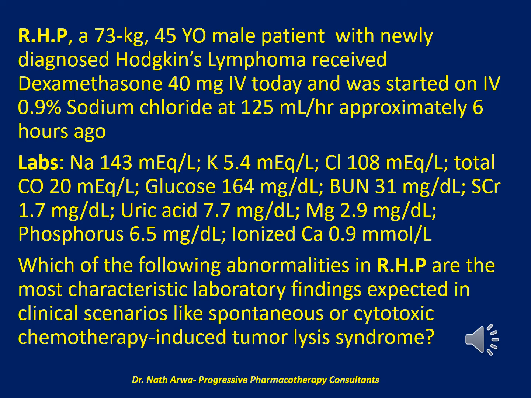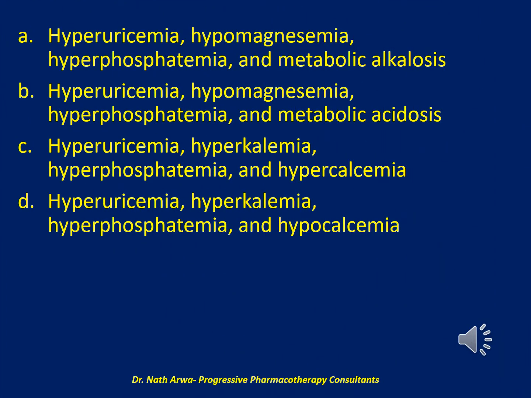So my question to you is, which of the following abnormalities in RHP are the most characteristic laboratory findings expected in clinical scenarios like spontaneous or cytotoxic chemotherapy-induced tumor lysis syndrome? Are they A. hyperuricemia, hypomagnesemia, hyperphosphatemia, and metabolic alkalosis?